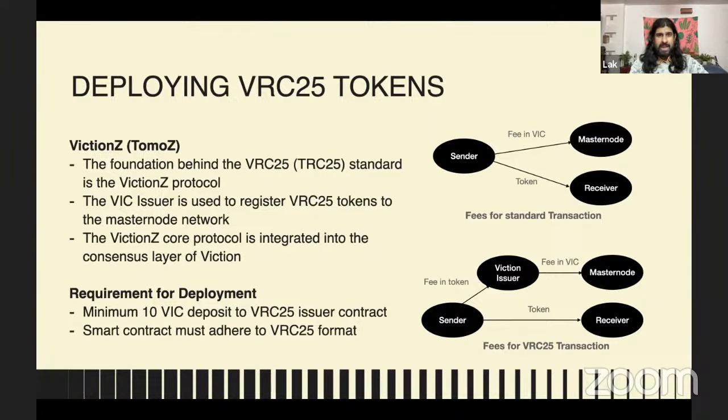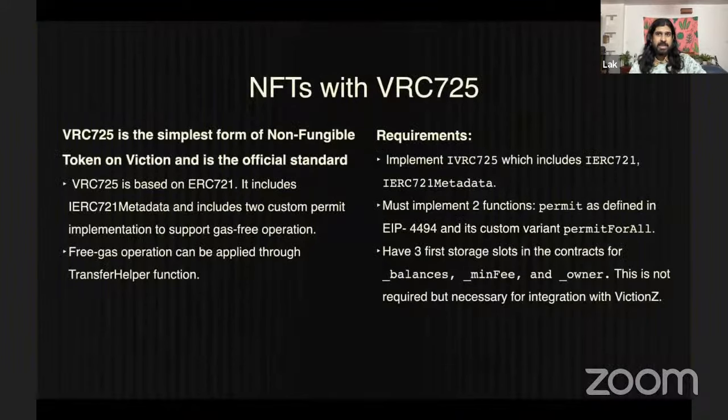Now let's look more into our NFT standards, the VRC725. VRC725 is the simplest form of non-fungible tokens on Viction. It's the official NFT standard in our ecosystem.